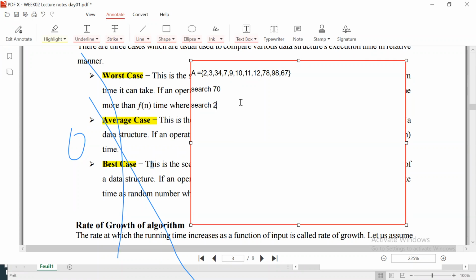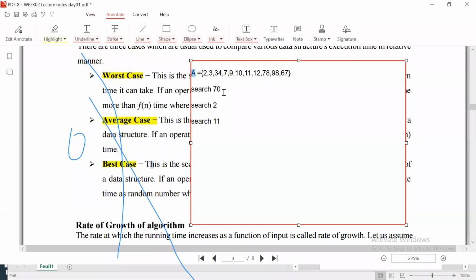Then if you want to look at an average case, an average scenario, if you search, for example, for an element found at the middle of the array, let me say 11. Let's consider 11 is at the middle. If you are searching for 11, initially your algorithm knows it needs to count the size of the array.